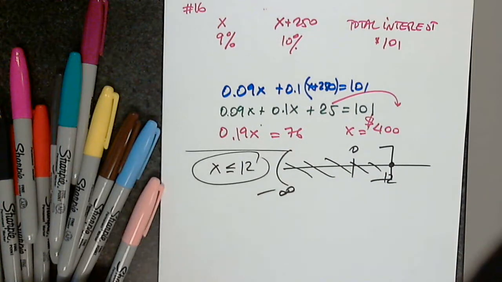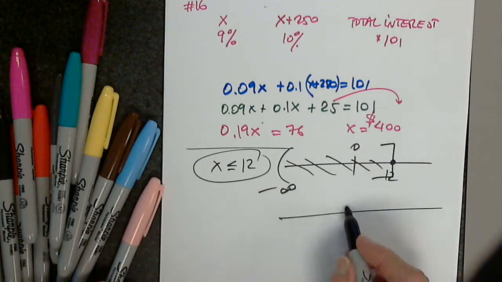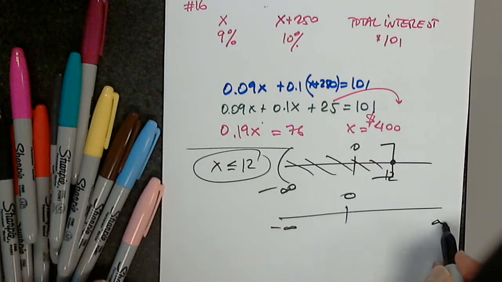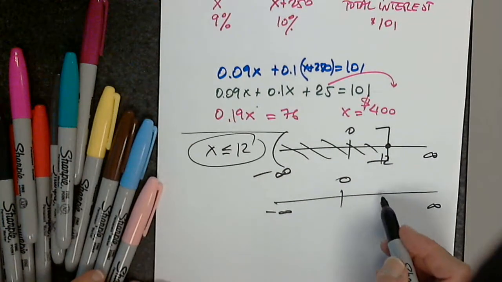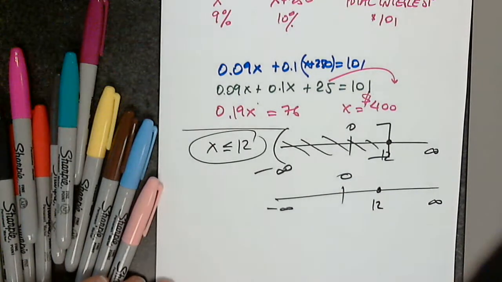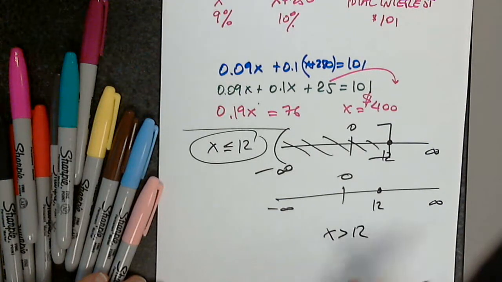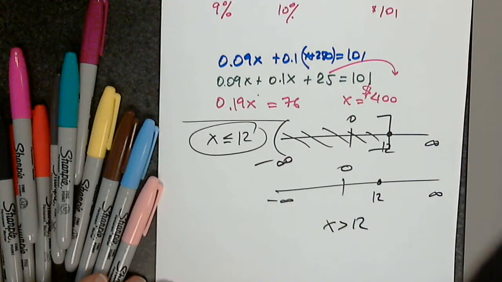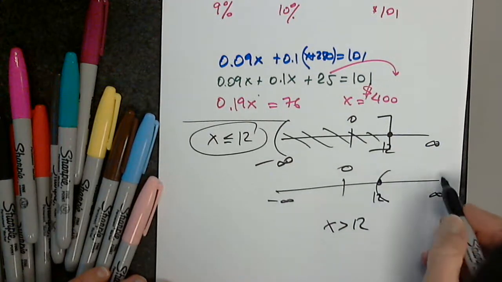So if it was greater than, would you put the infinity on the right side? If it's greater than, this is 12. Where will I go, for x greater than 12? Yes, to the right-hand side, correct. Since it doesn't have the equal symbol, I have to put a parenthesis.